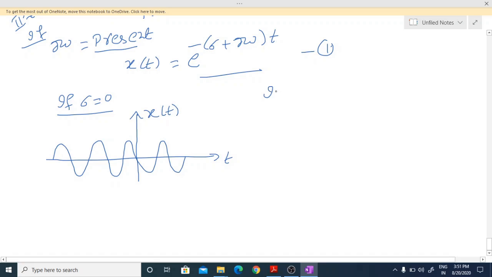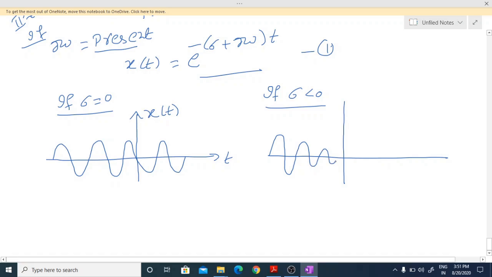And next one, if sigma is less than 0, we get the exponentially decaying sinusoidal signal.